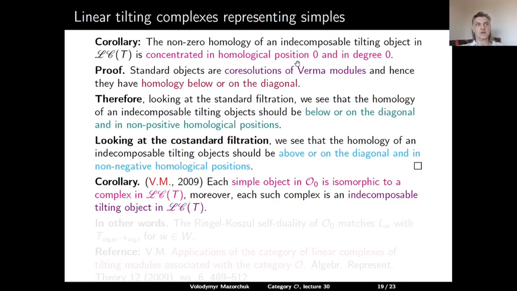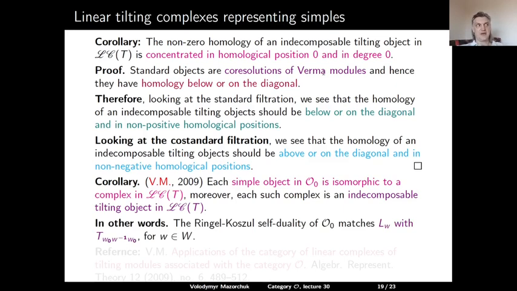This is because of the positivity of the grading and the fact that tilting objects have homology in position 0 and degree 0, so it should be semi-simple. And then simply by additivity, for an indecomposable tilting object, the homology should be simple. And then comparing the numbers, we have this corollary.